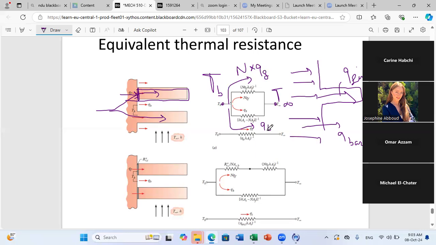And we have developed together the expression for each of these two. And what is Q base?